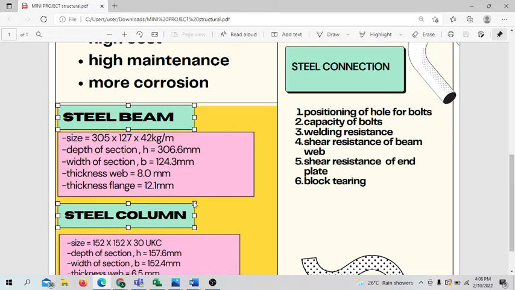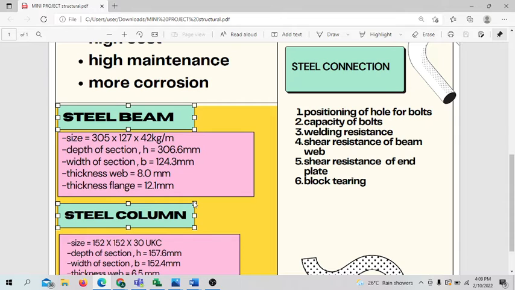For the steel beam, the size that we use is 305 times 127 times 42 kilogram per meter. After we calculate, we get the depth of section H equal to 306.6 mm, width of section B equal to 124.3 mm, thickness of web equal to 8.0 mm, and thickness of flange equal to 12.1 mm.